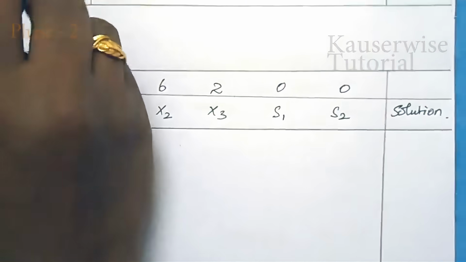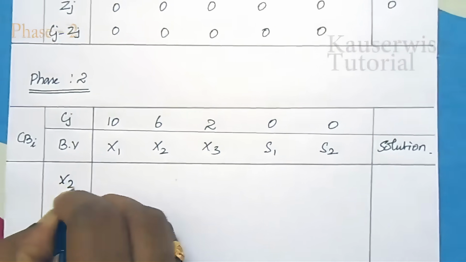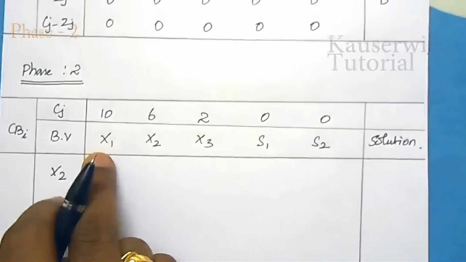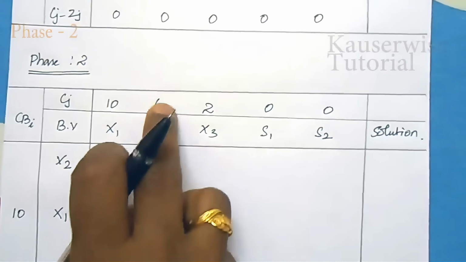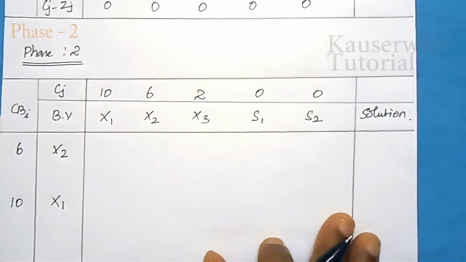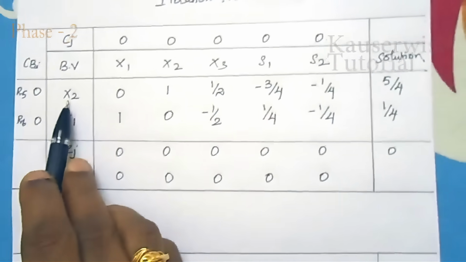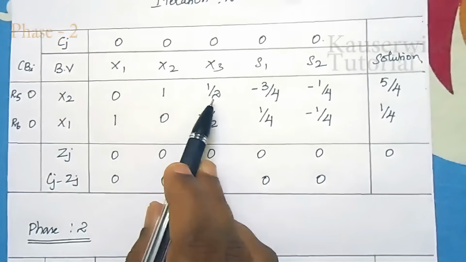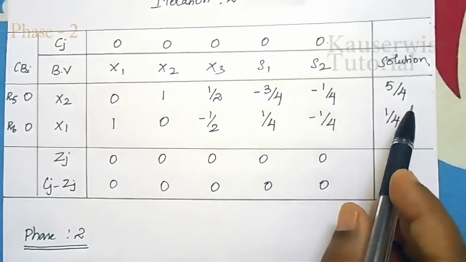Basic variables are x2 and x1. So x1 value is 10, so put 10 here. x2 value is 6, so 6. For all other values, see the previous table, enter the old value as it is. For x2 column: 0, 1, 1 by 2, minus 3 by 4, minus 1 by 4, 5 by 4.